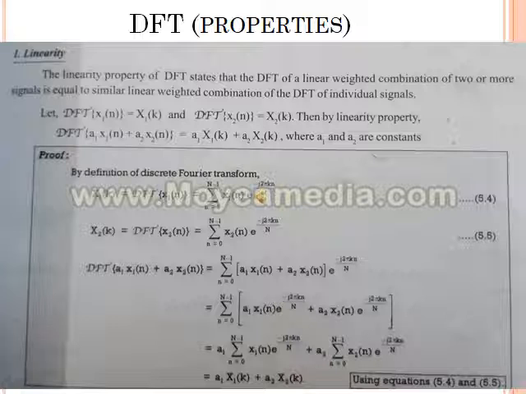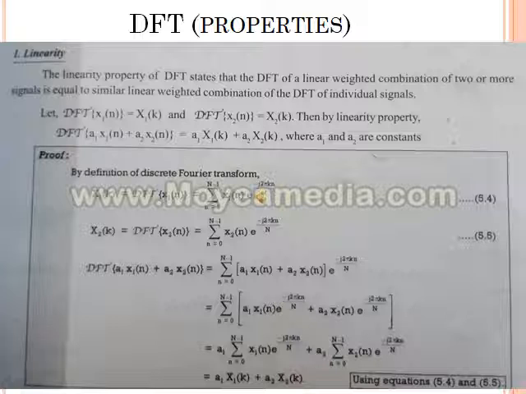So what does the principle of superposition say? Suppose we give an input x1(n) and the system produces output y1(n), and we give another input x2(n) to the same system, and the system produces output y2(n).